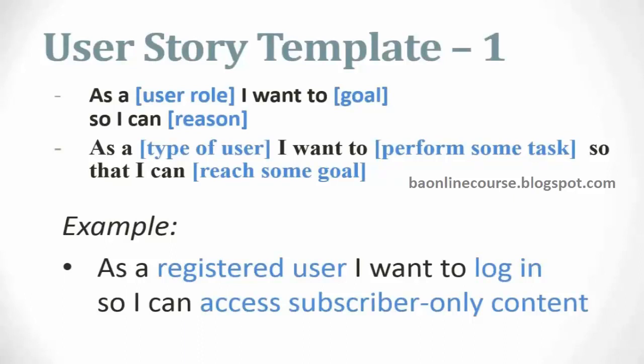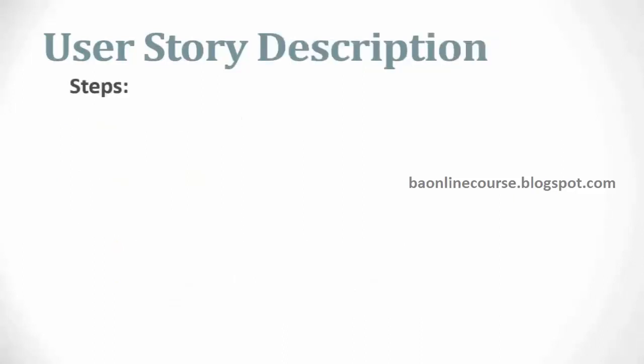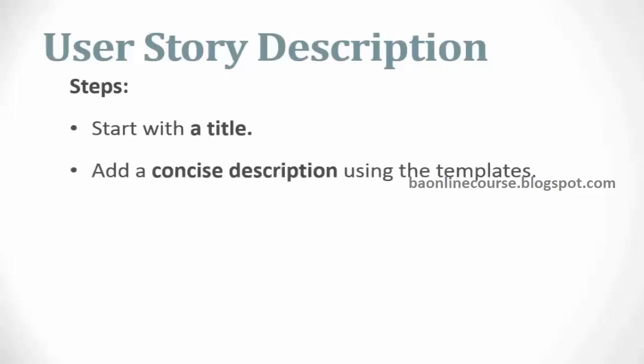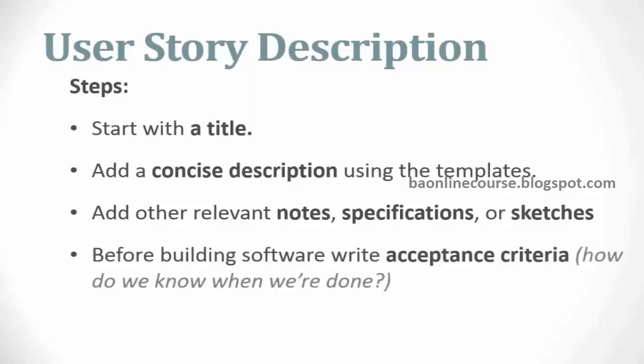So this is a template wherein you can define your description for a user story. Or you can just list down who is the user, what is the goal, and why they want to do that. So go ahead with that description, figure out the title, and then give a small description. The rest of the details would come out in the conversation.